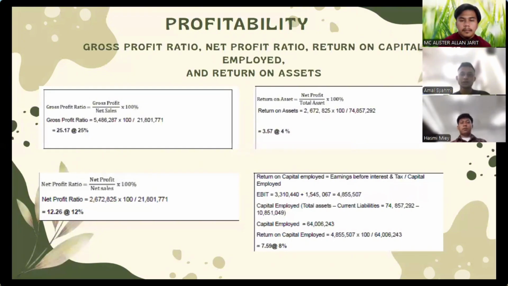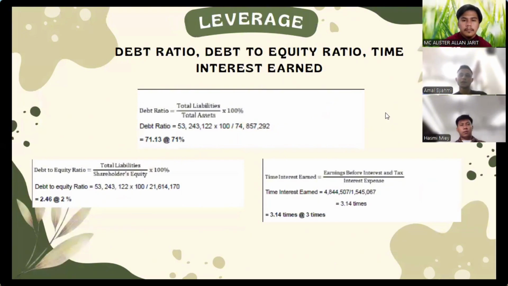YTL Power recorded a gross profit of 5,486,187,000 and revenue of 21,871,000. This results in a gross profit ratio of 25.17%. This indicates good cost control and efficient production activity.